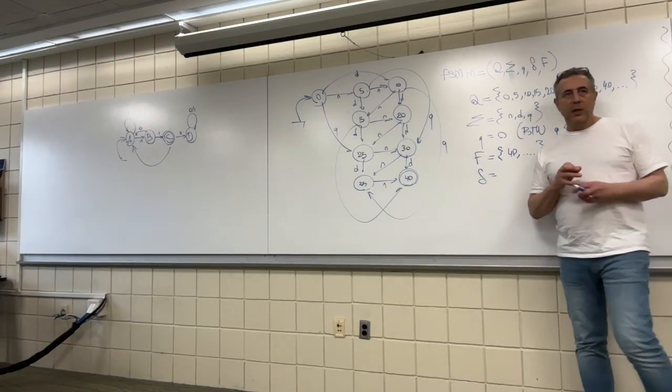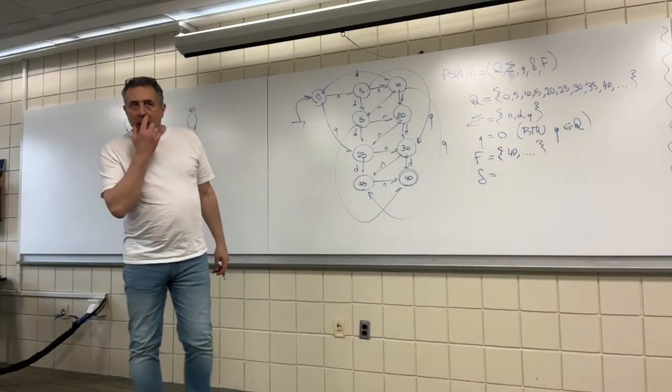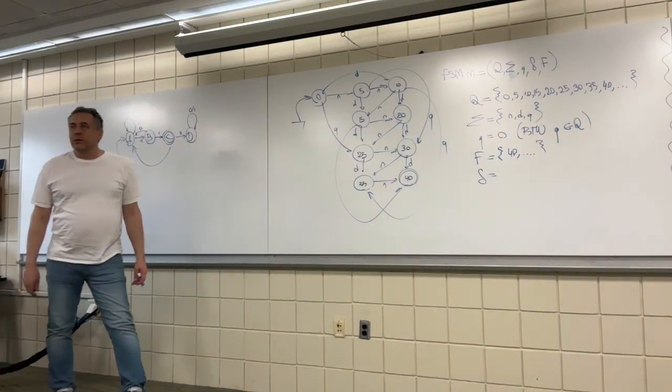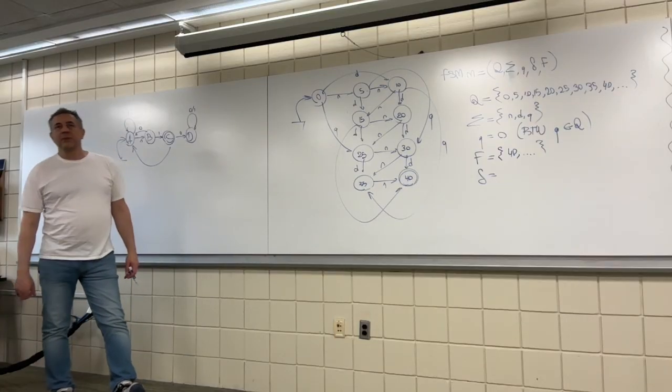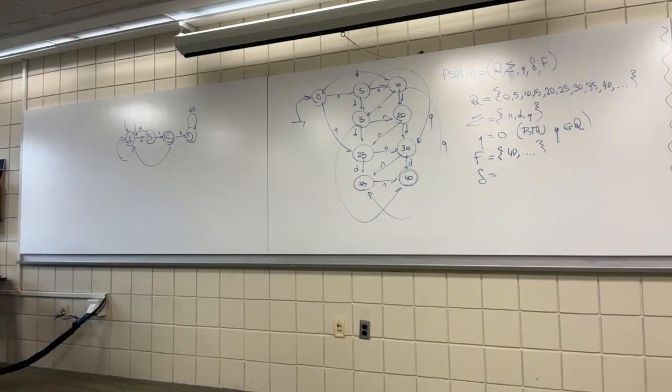What's the delta function? Remember that your answer should actually have a Cartesian product in it. No takers on this? Yeah. Transition. Yes, that's the transition logic, but can you tell me, mathematically speaking, how do I formally represent where it's going from, where it's going to, that transition function?